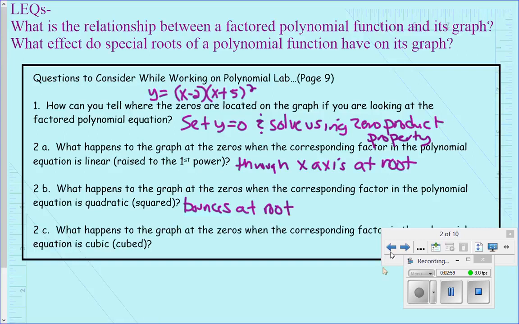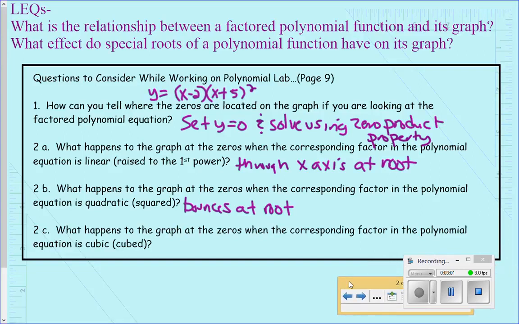So if the factor is cubed, then what's going to happen? Well, there's only one equation that had a cubic factor, and that was number 5. And what happened there, I'll just quickly sketch that graph.